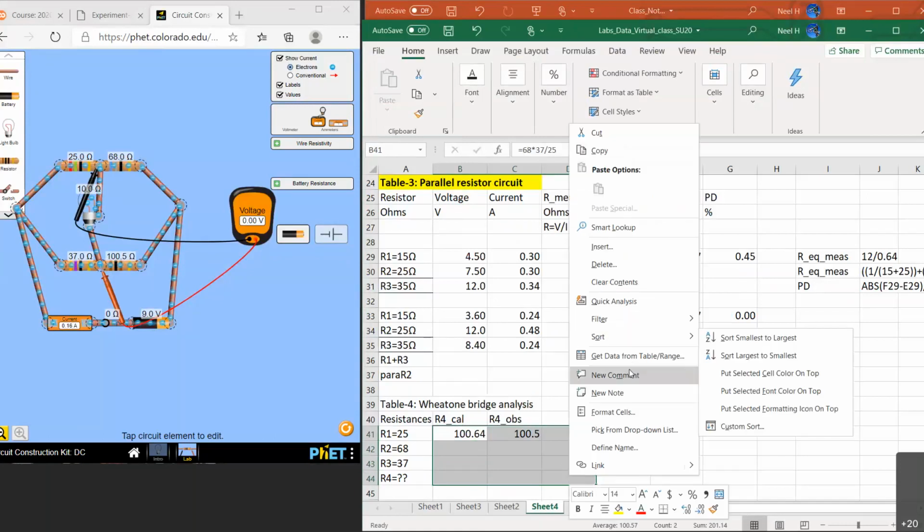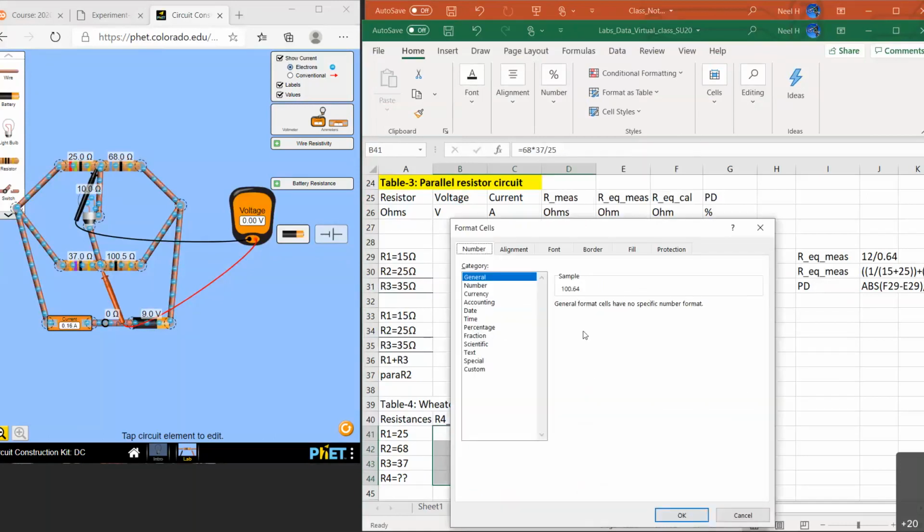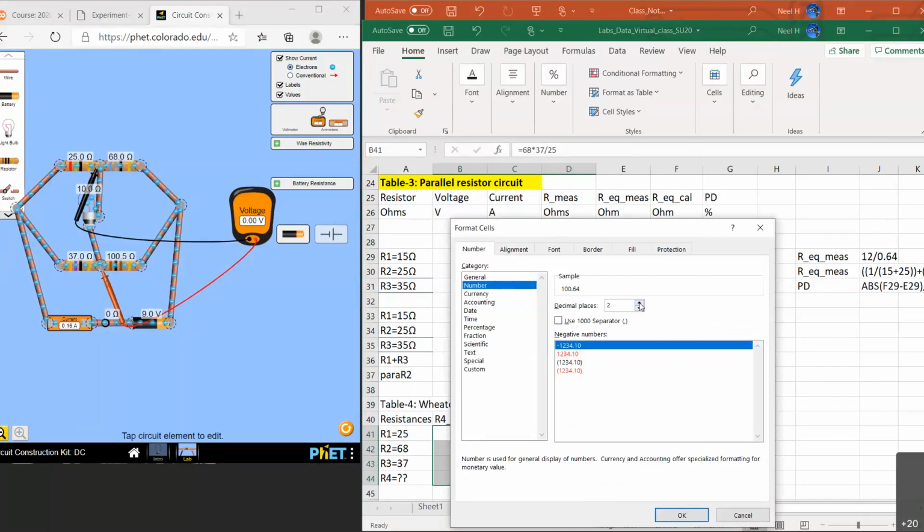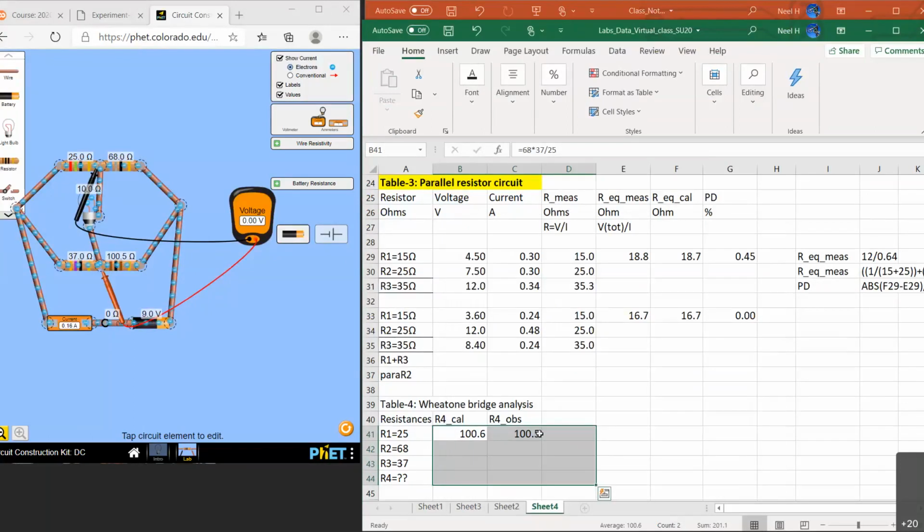You can highlight everything into 4 sig figs, right? Which means 1 decimal place. Or you can convert it into scientific notation, that is also fine. If you do scientific notation, make sure it is 4 significant figures. Okay. Then you have to do the percentage difference, right?